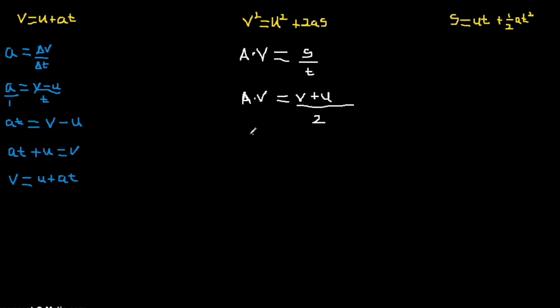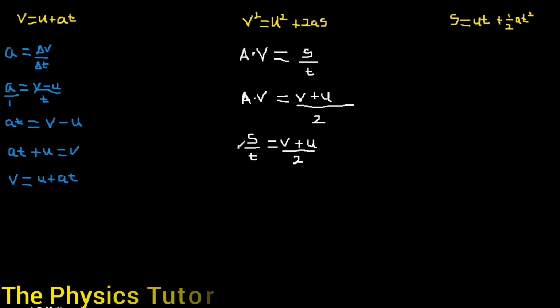Therefore, we can say that s over t is equal to the final velocity plus the initial velocity divided by 2. Now, our goal in this equation is to make s the subject. To make s the subject, I have to multiply both sides by t.